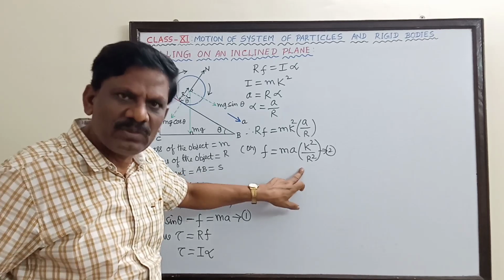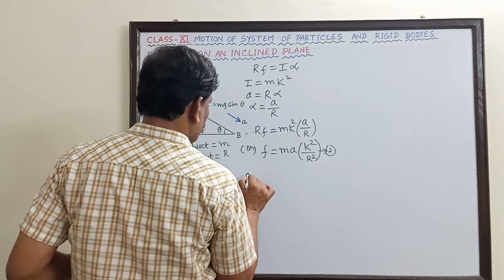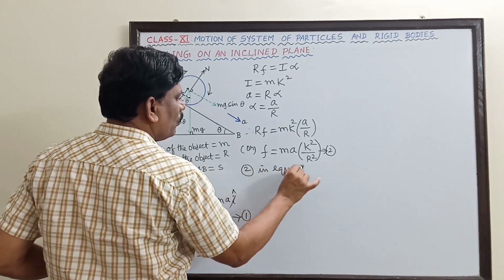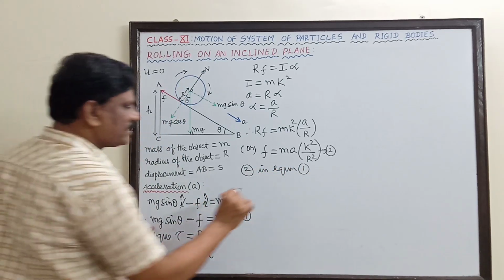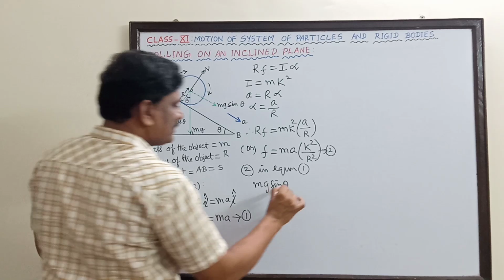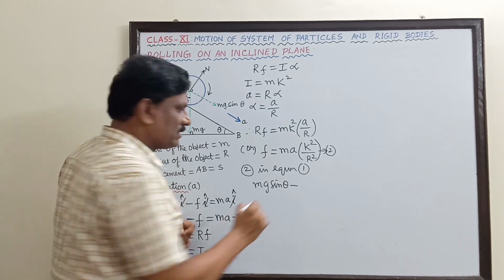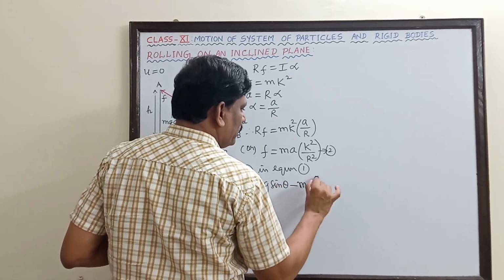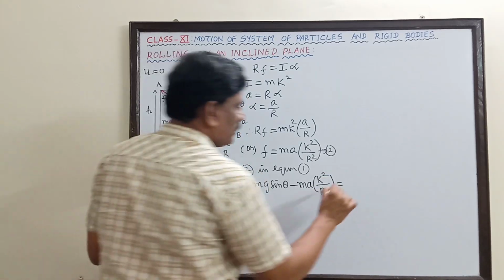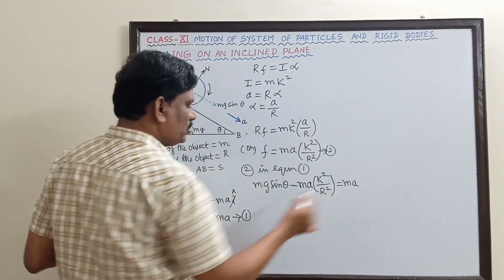Understand? Now I am going to substitute this for f in equation 1. So substituting 2 in equation 1, I will rewrite mg sin theta minus f. Instead of f, what shall we substitute? Ma into k square by r square, and the right hand side is ma. So I will bring this negative term to the right side.